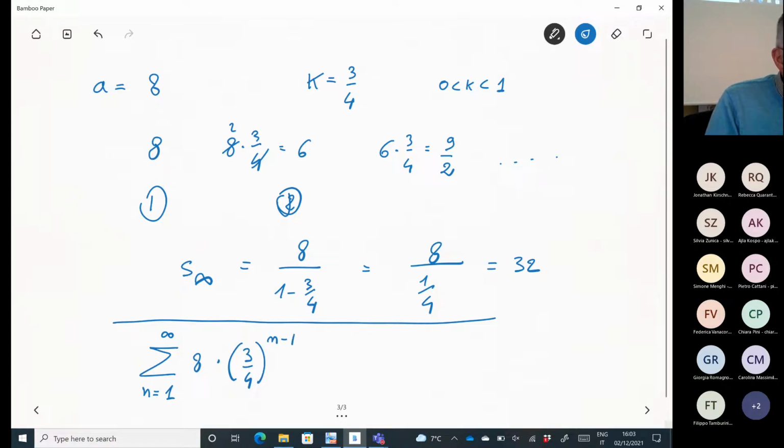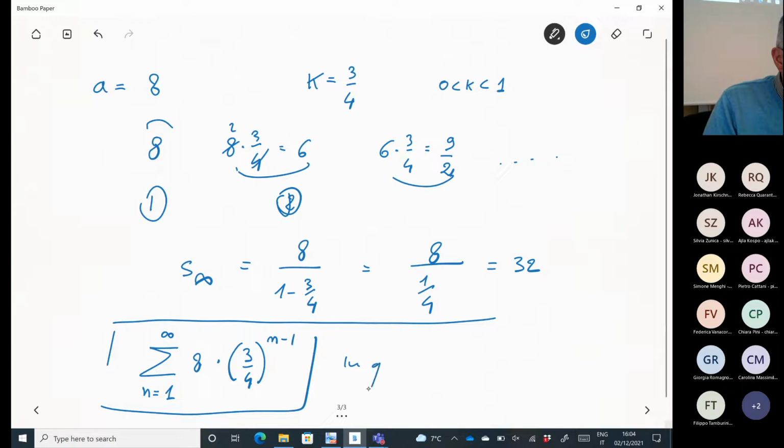Let me see if it works. When n is equal to 1, it is 8 times, this is raised to the power of 0, so it is 1. First term is 8. Okay? When n is 2, this becomes 3 over 4, so we have 8 times 3 over 4, which is this one. As n is 3, we have this one, and so on and so forth. So this is the notation.